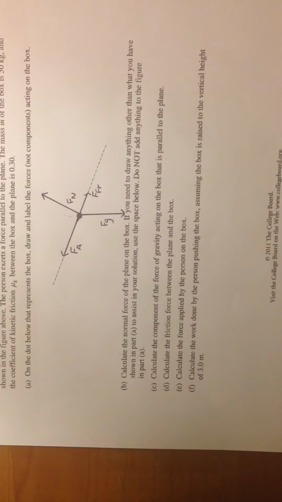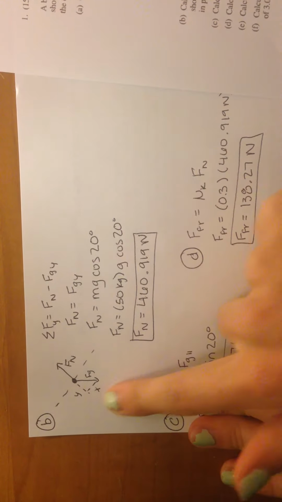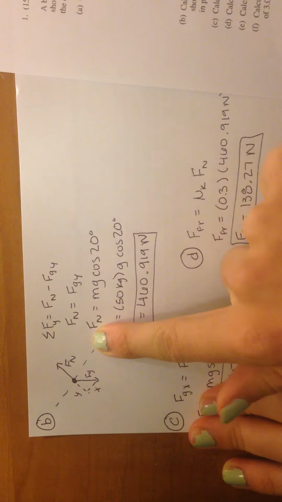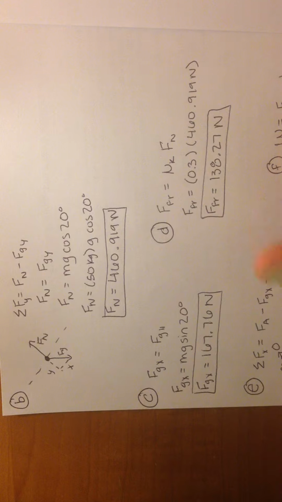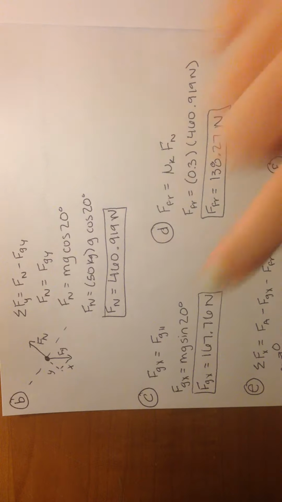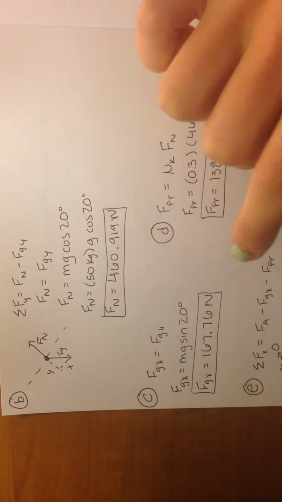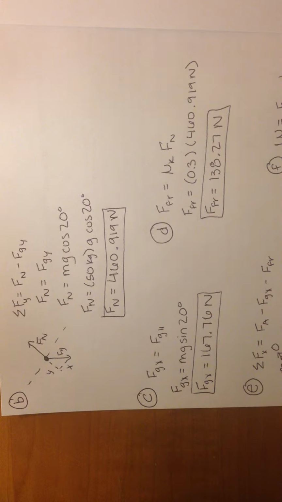Now, part C says, calculate the component force of gravity acting on the box that is parallel to the plane. So again, this diagram over here helps me. Our x component is what's parallel to the plane. So this is basically just solving for the opposite component that we solved for earlier. So the F of g parallel is the gravity x component force.